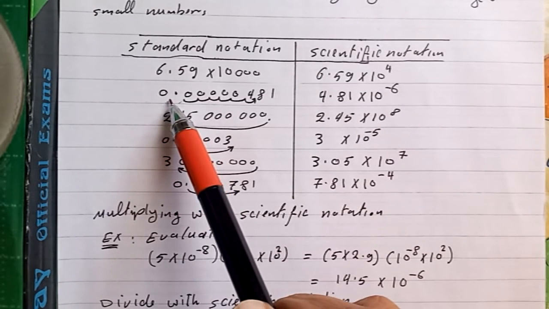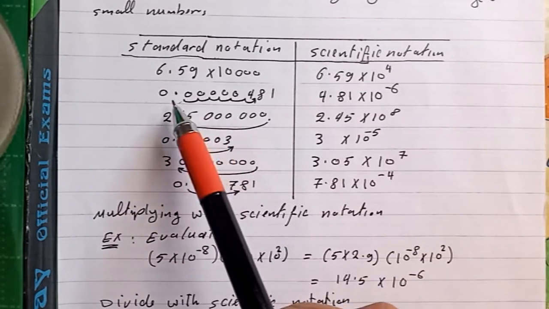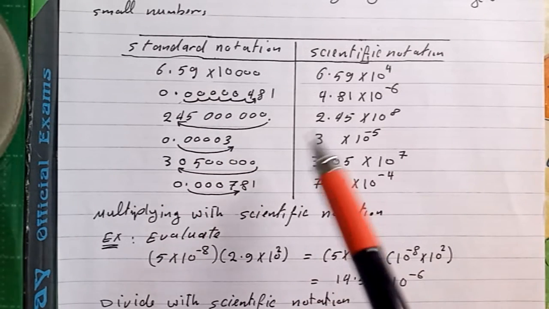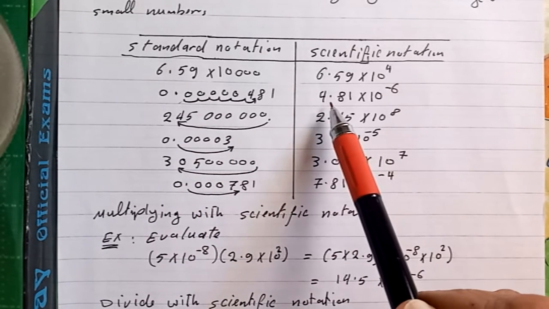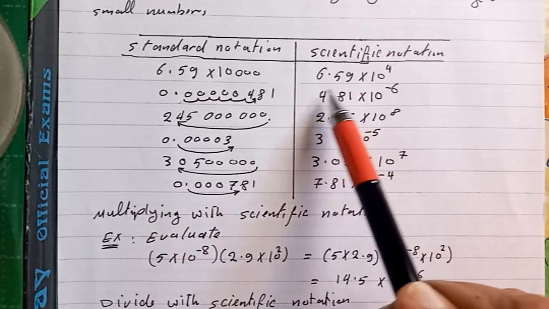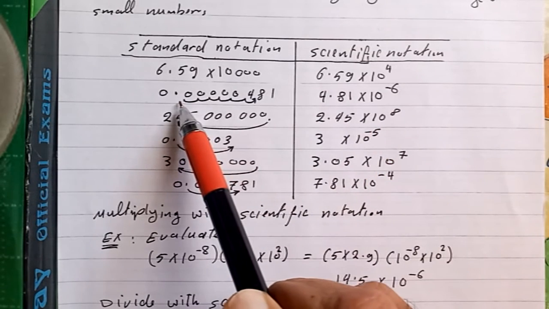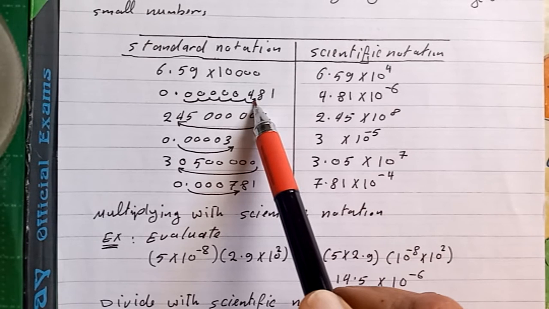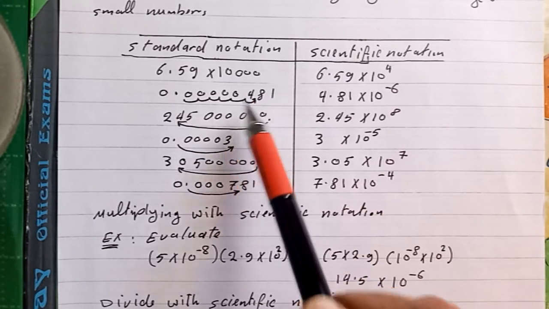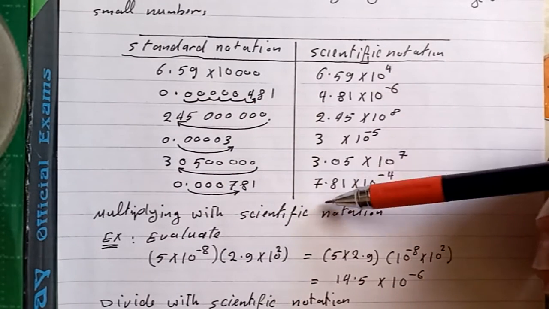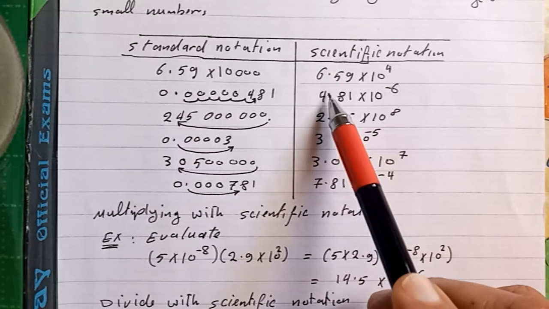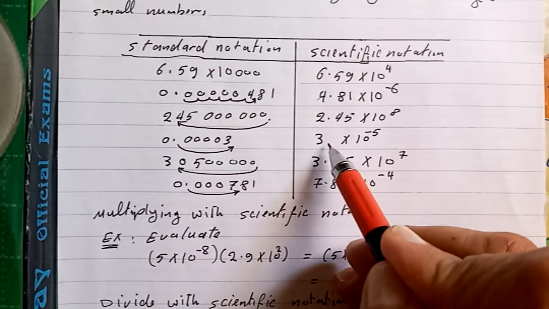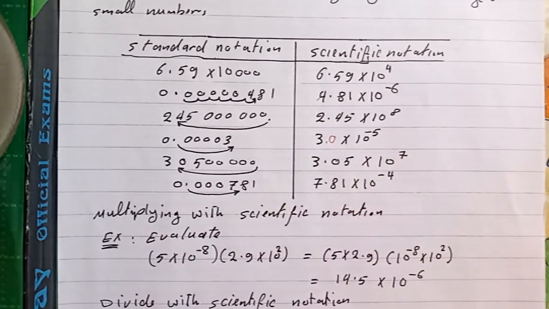What if the number is in decimal form and very small like this? I can write it as a decimal 4.81 by moving the decimal point from this place to this place. You can notice that all scientific notation form is a whole number and decimal.